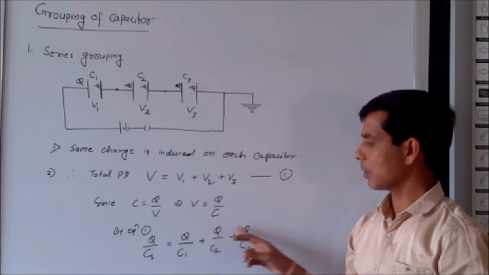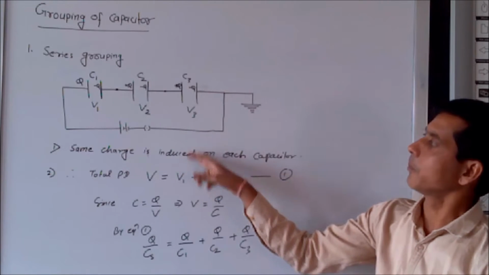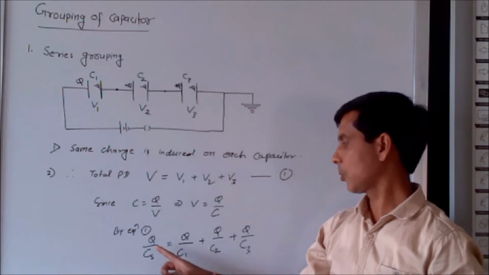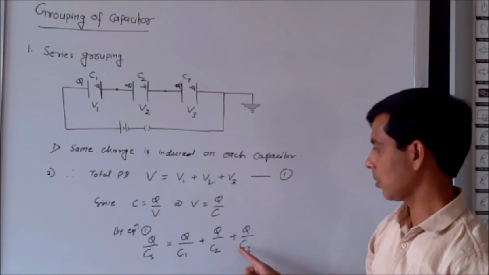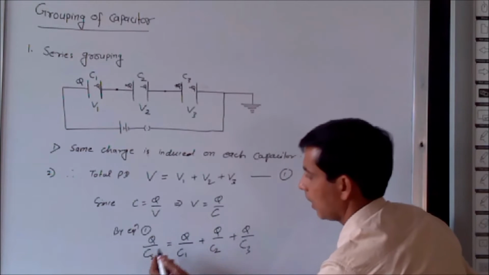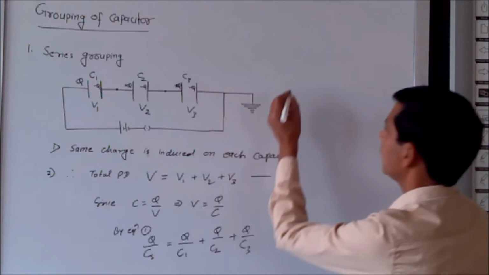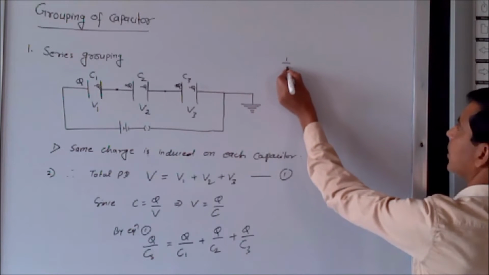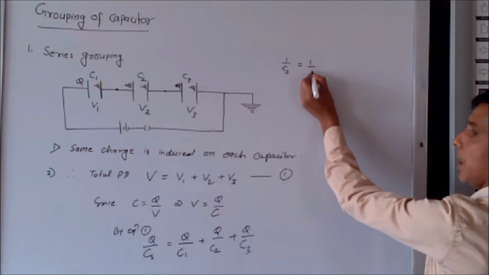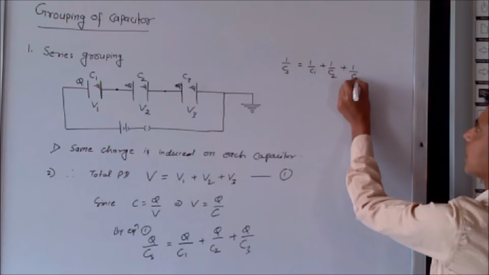Why is the same charge taken? Because the charge is the same in all capacitors. After taking Q common and cancelling, we get 1 by Cs equal to 1 by C1 plus 1 by C2 plus 1 by C3.